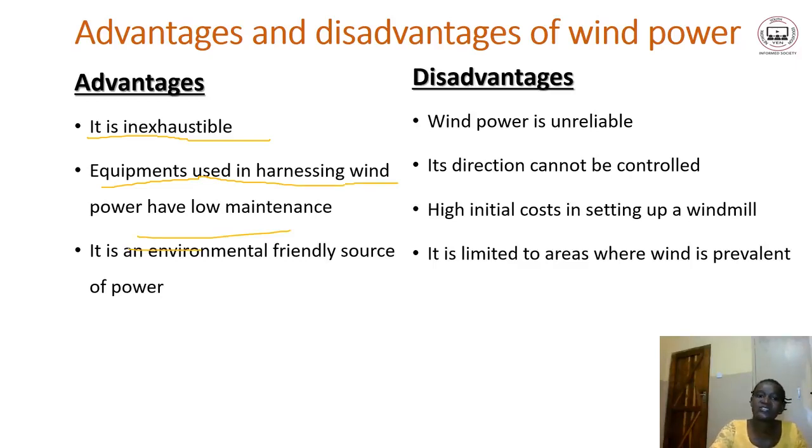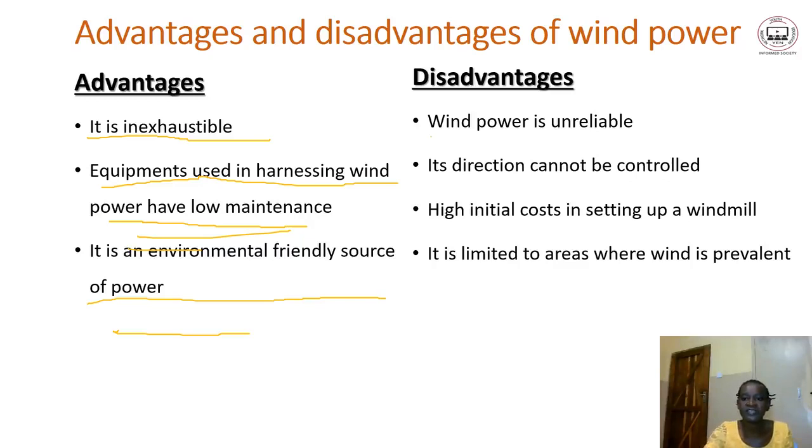Of course, it is costly, but comparing with other sources of farm power, this one, in terms of cost, is more reasonable than the others. And also, it is an environmentally friendly source of power. It does not destroy the environment at all.